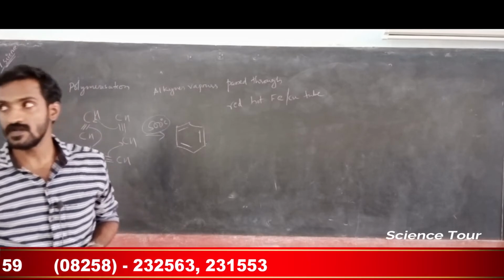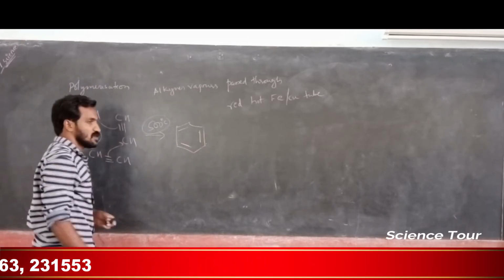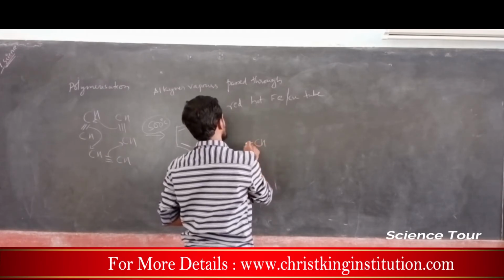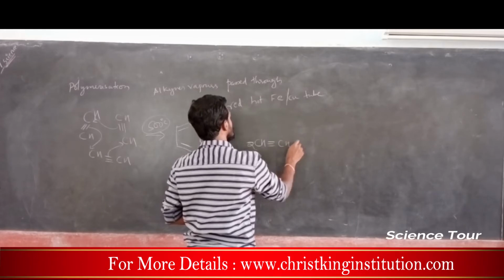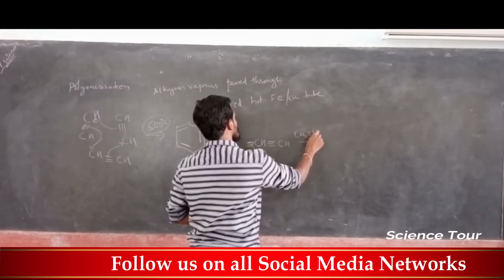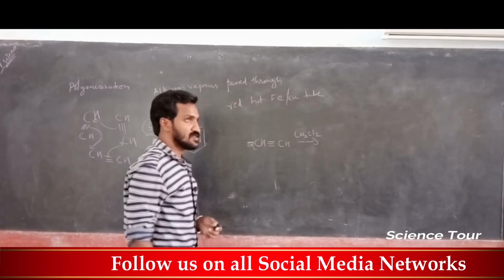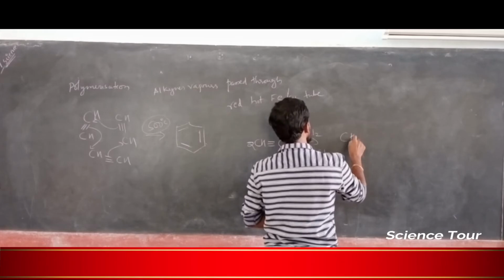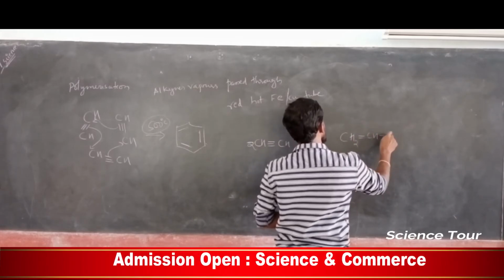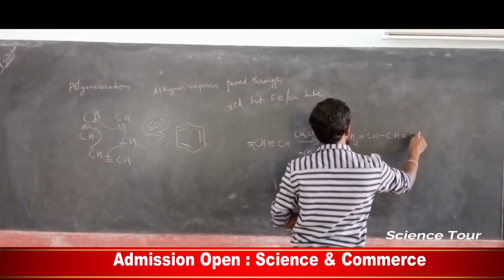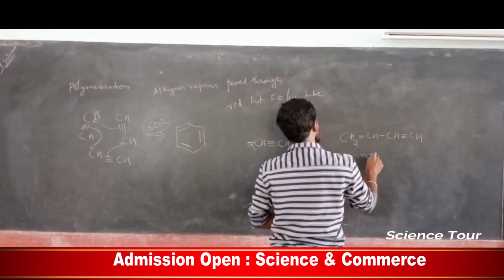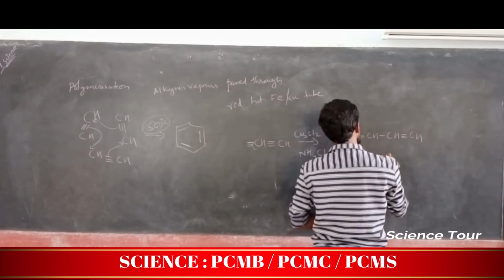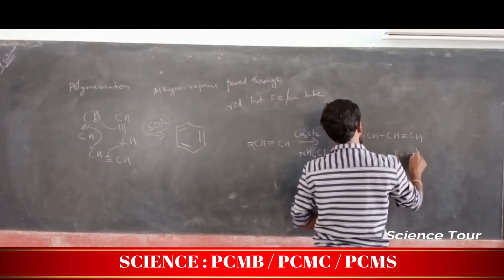And one more reaction is possible. Two molecules of alkyne react with copper chloride, understood? In the presence of ammonium chloride, it gives monovinyl acetylene.